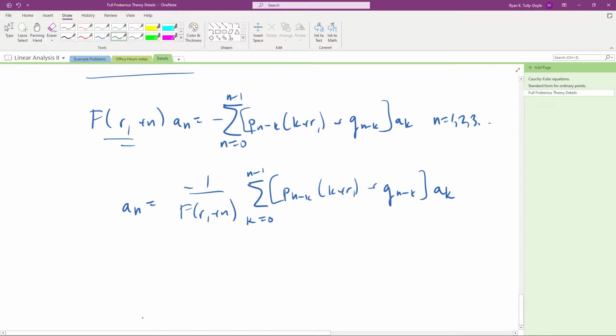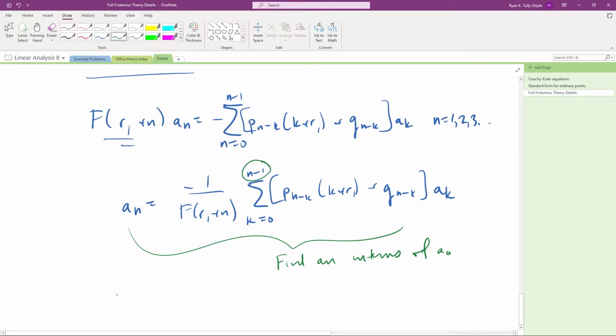It's illustrative to see what's going on with a recurrence like this by seeing a couple of examples written out. So let's just suppose we've got r1 and we want to find the Frobenius series. This is the recursion, and we want to find a n in terms of a naught. I can do that because as I put different values of n in, all that happens here is I make this number bigger and bigger.